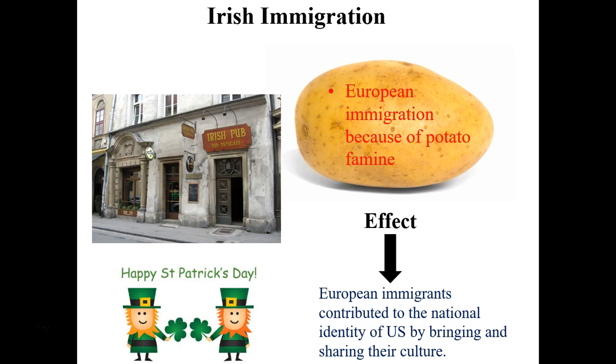And so as Europeans moved and immigrated to the United States, just like with any type of immigrant group, they contributed to the national identity by bringing and sharing their culture. And as you know, that is one of the main things that makes the United States so great, the melting pot, as it's usually described, of cultures that make up the United States.